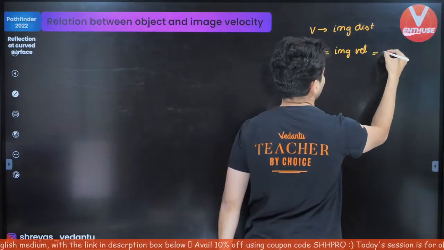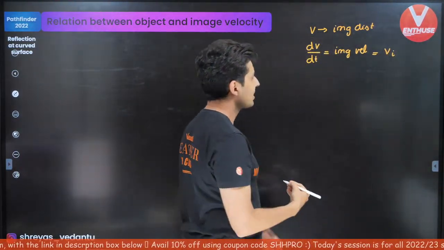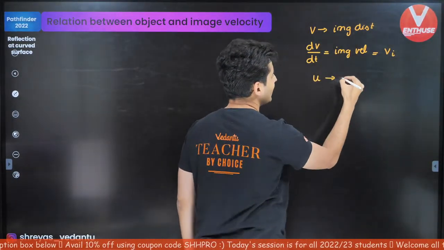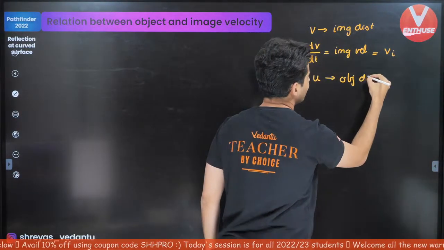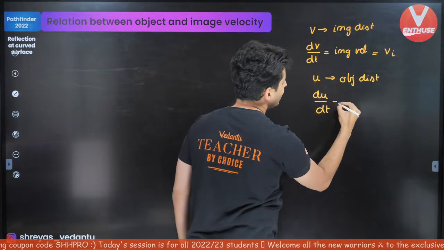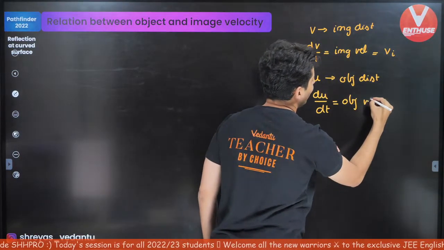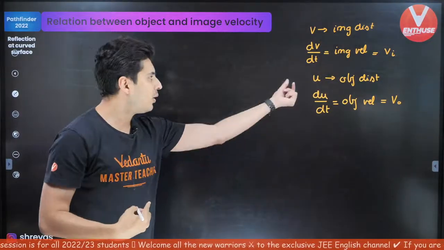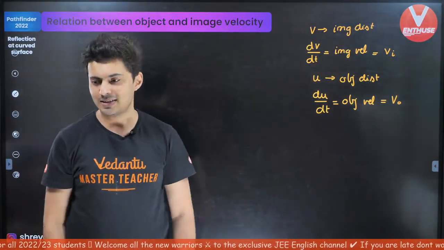I can just put V with subscript I standing for image. Similarly, if U is nothing but object distance, then dU by dt will become object velocity. I'll just call it VO. Rate of change of object distance, dx by dt, is velocity.